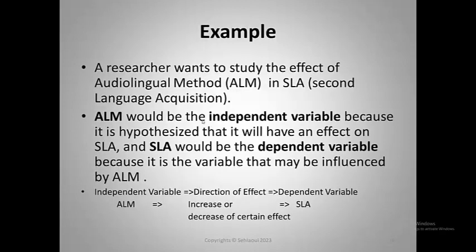This is an example. A researcher wants to study the effect of the audiolingual method in second language acquisition. So the audiolingual method would be the independent variable because it is hypothesized that it will have an effect on second language acquisition. So you will have your hypothesis right there.